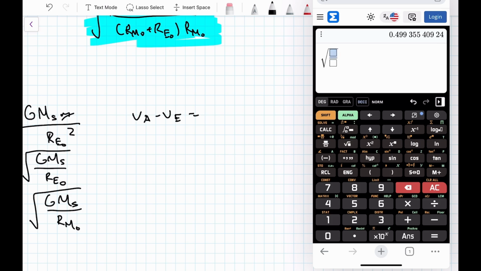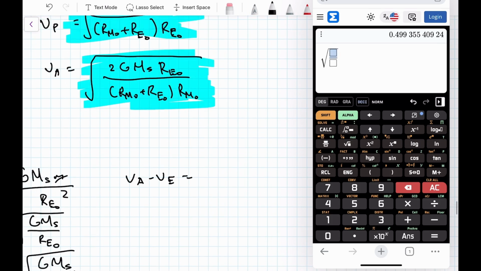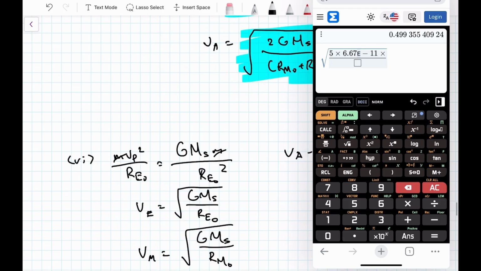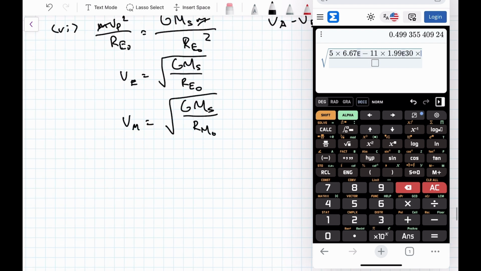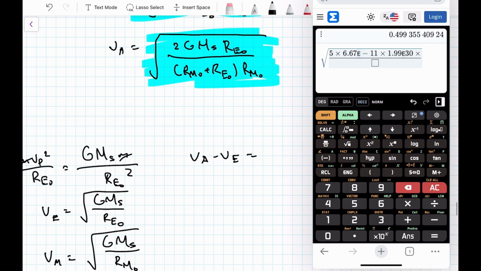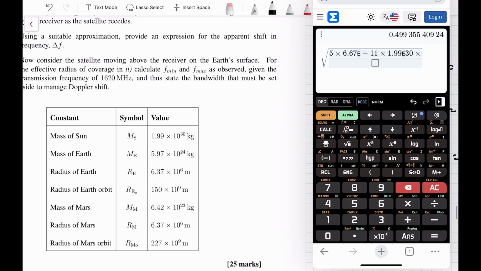VA minus VE. So that will be a long equation. What we have over here is VA, first of all, is 2 times 6.67 minus 11, multiplied by the solar mass, which is 1.99 10 to the 30, multiplied by the radius of the orbit of the Earth, so that is 150 10 to the 9.